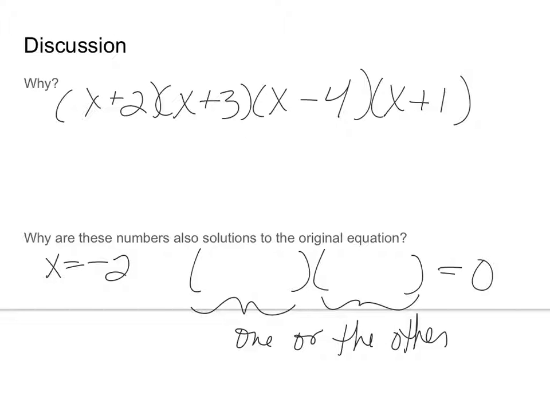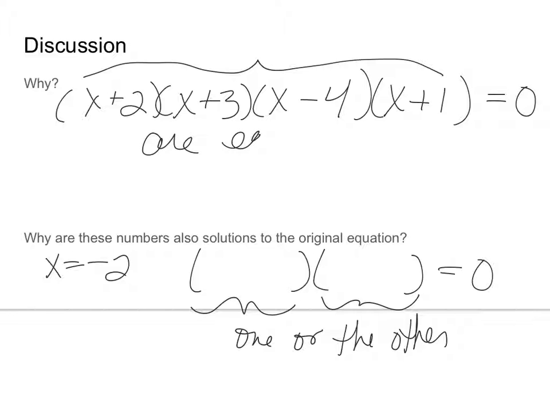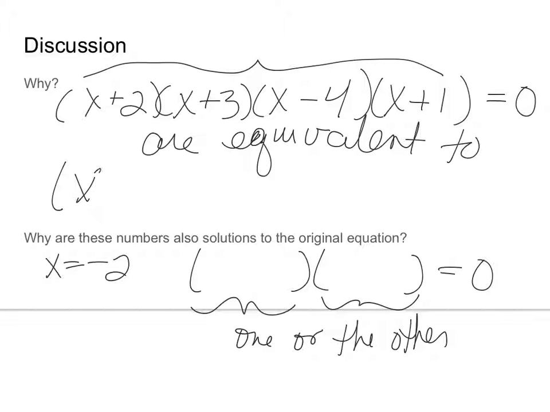We can also say that when we factored the two polynomials, we got all of these binomials. These binomials are equivalent to the two polynomials.